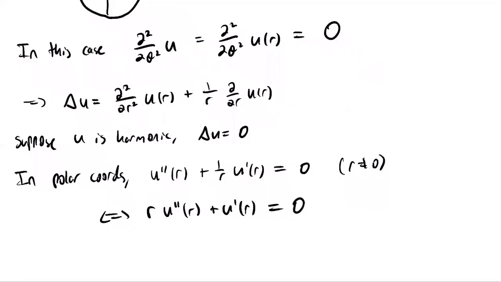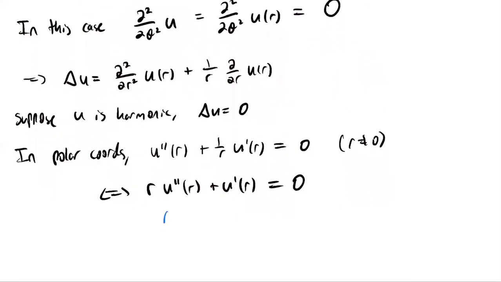But you can recognize the left-hand side as the derivative with respect to r of, sorry, not of u prime, of r times u prime. So you can recognize the left-hand side as the derivative with respect to r of r times u prime of r. And this is just the product rule, which you can check.